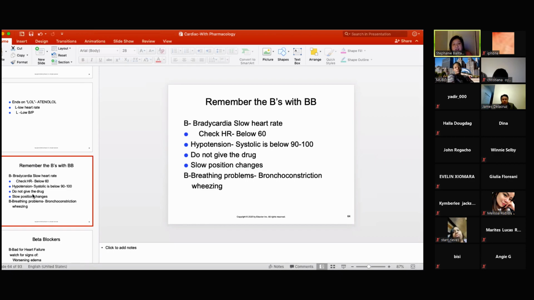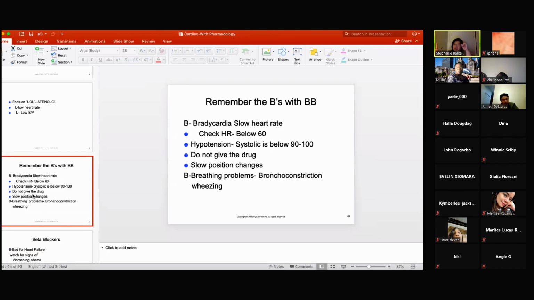So what you are trying to watch out for is bradycardia, when the heart rate goes so low. So before you give your beta blockers, these are medications that end in LOL, atenolol. So you have the two L's there.